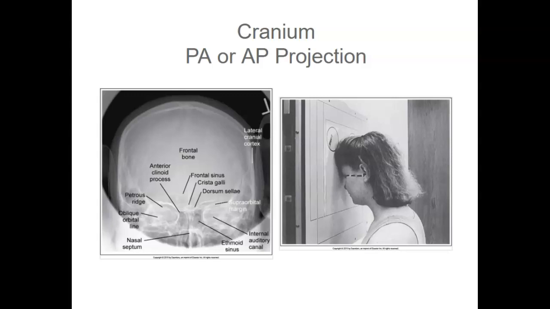The supraorbital margins for the cranium are on the same horizontal plane. The dorsum sellae is at the center of the exposure field when taking a PA or AP projection of the cranium. And the outer cranial cortex and the maxillary sinuses are all included within the exposure field.